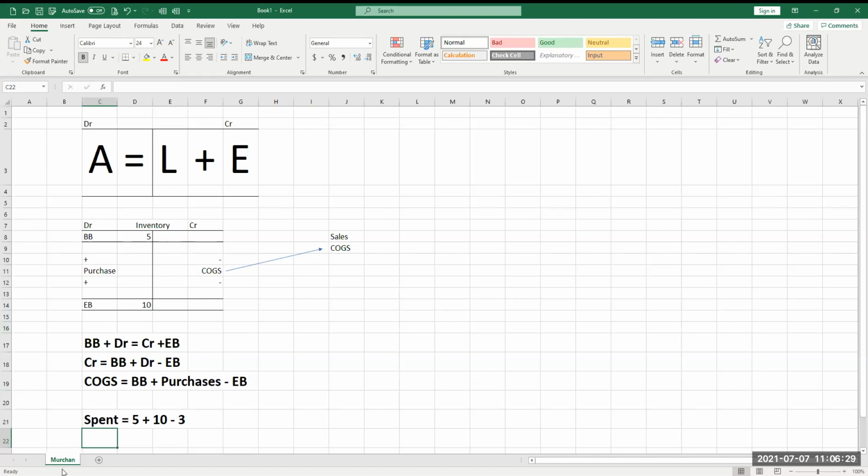Let's see what's happening now in the manufacturing company. In the manufacturing company, as we said, how many inventory accounts are we going to have?